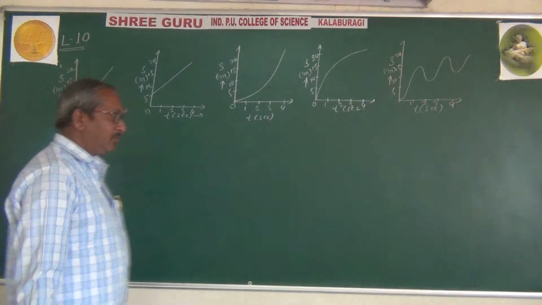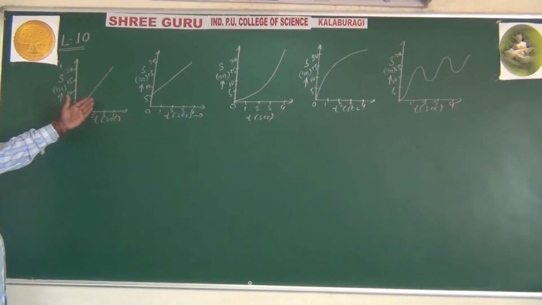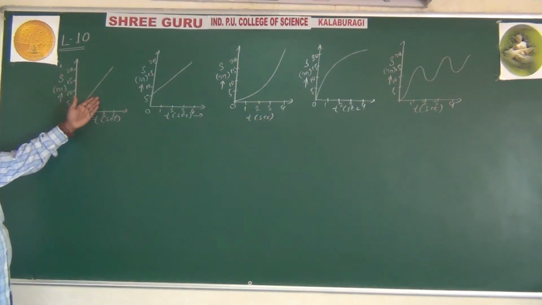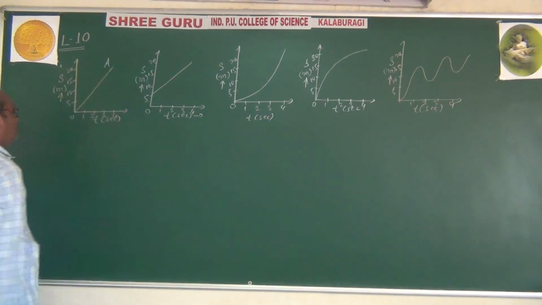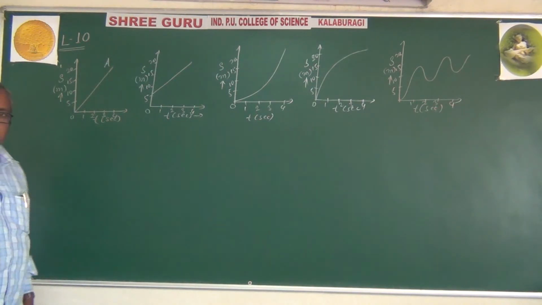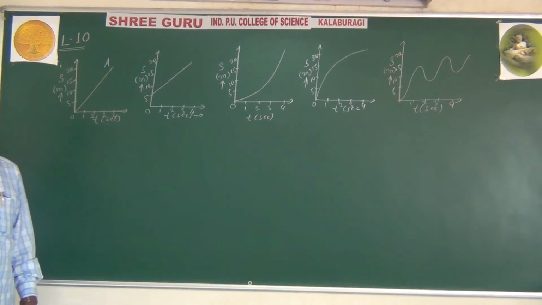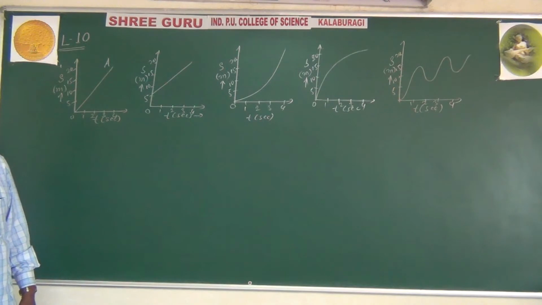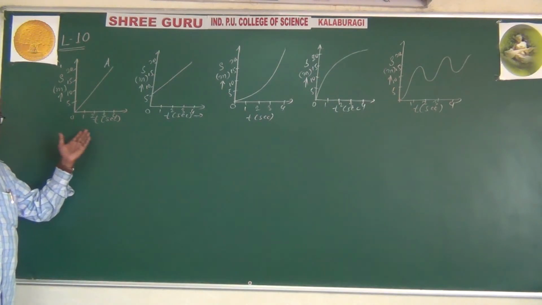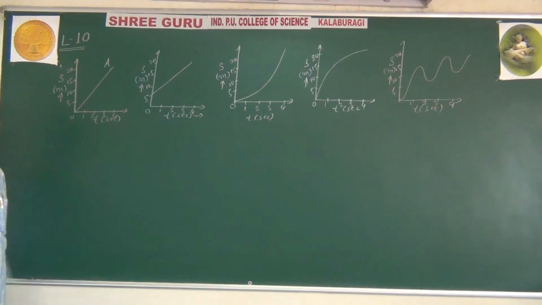The second curve, OA, shows that the body is moving with a uniform speed or uniform velocity along a straight line. Up to this we discussed in the last class.